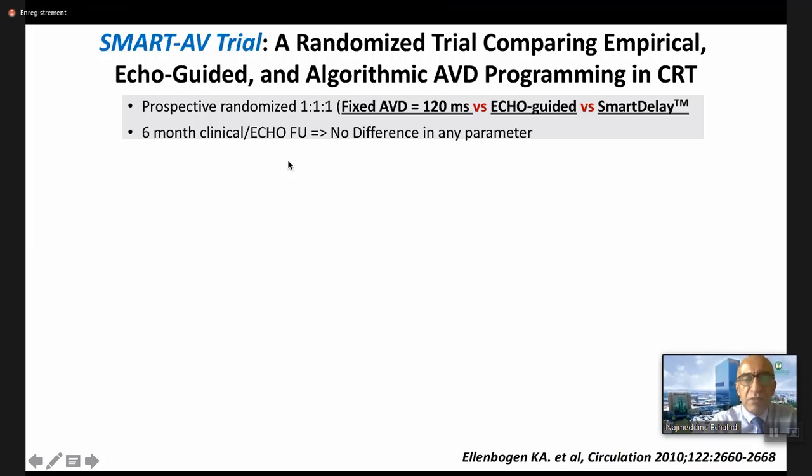So this trial was really a very smart one. They compared 1:1:1 an empirical fixed AV delay, set at 120 milliseconds, versus echo-guided, as we did for our patient, versus SmartDelay, which means that the device is doing everything automatically by itself.